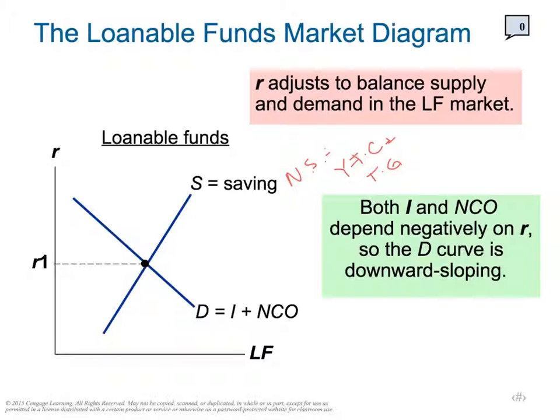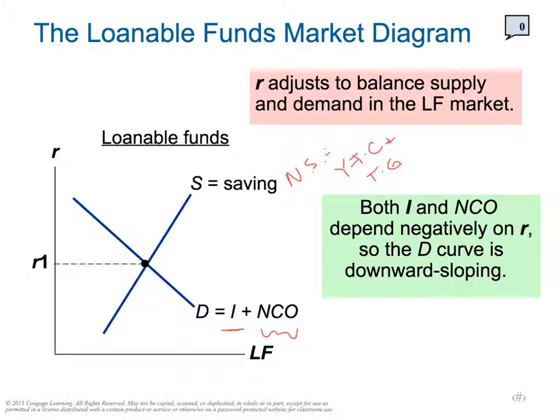Those two things added together give us national savings in our loanable funds market. And one thing that we've added, which is a little bit different, is the demand for loanable funds. Again, these would be the borrowers borrowing for investment, and also foreign markets or individuals investing. This would be our net capital outflow.